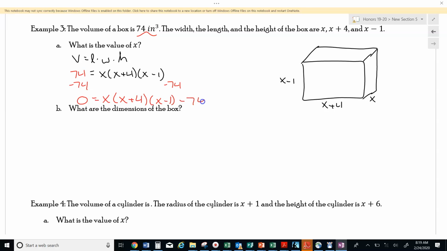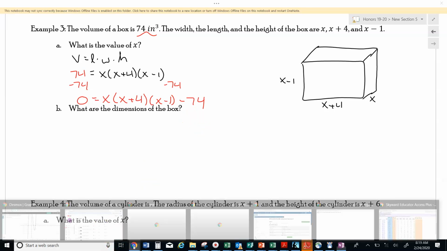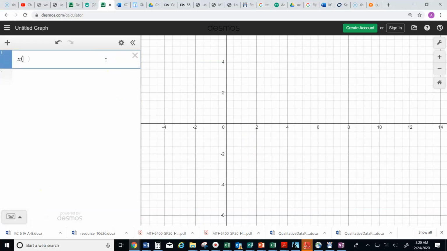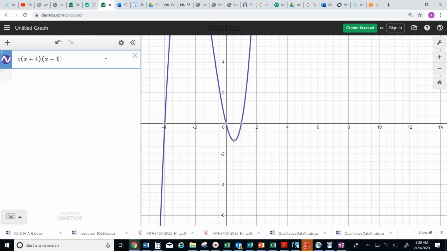And so then I just have that minus 74 at the end. And I'm going to type this exactly how it looks into Desmos. So I have x times x plus 4, and then x minus 1.